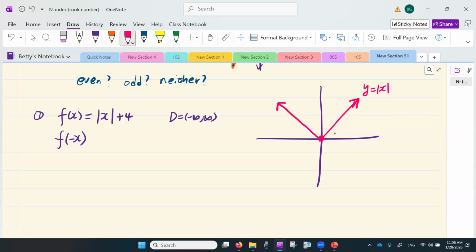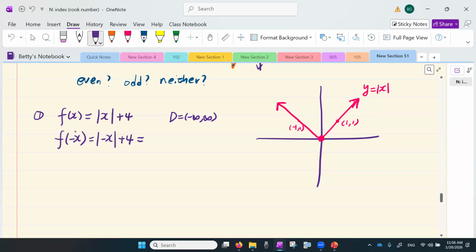It's very interesting, right? This is 1, 1, negative 1, 1. So obviously the domain is all real numbers, which is symmetric with respect to the origin. And you're going to go ahead and find f of negative x. Change x with negative x. Keep everything the same, only replace x with negative x.